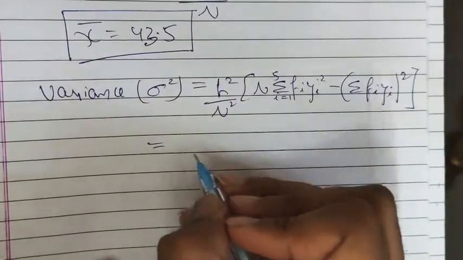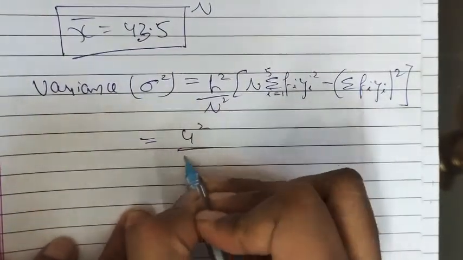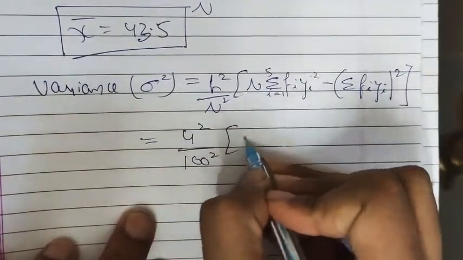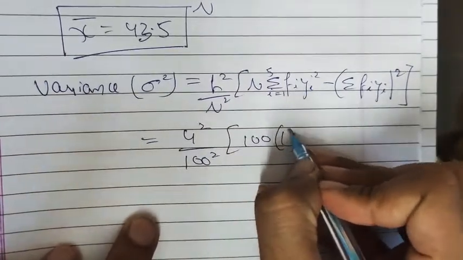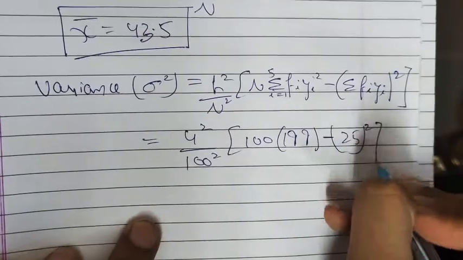So h value is 4 square upon n square is 100 square, bracket 100 multiplied by 199 minus 25 whole square, right?